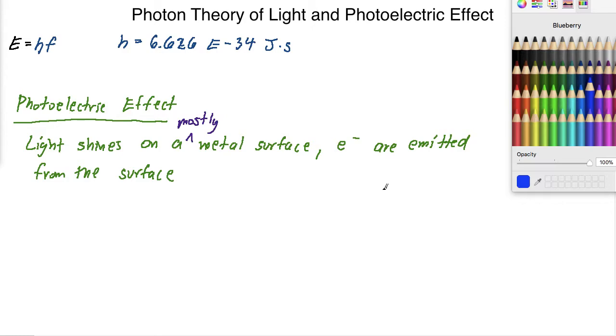So that's why I'm saying mostly metal surfaces. All right, so that's just the main takeaway of the photoelectric effect. It's just that electrons are emitted when you shine light on a metal surface.